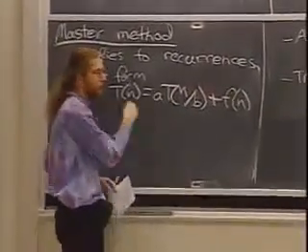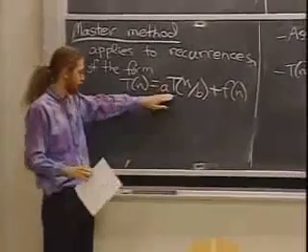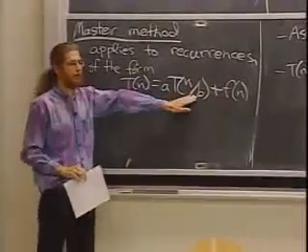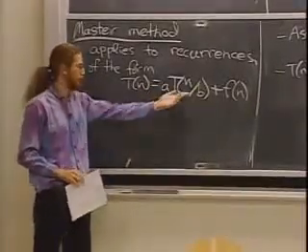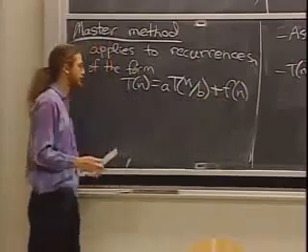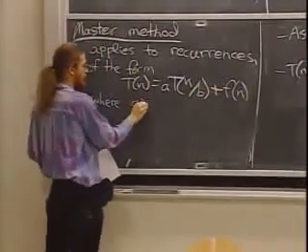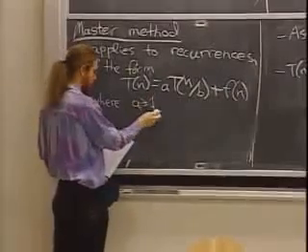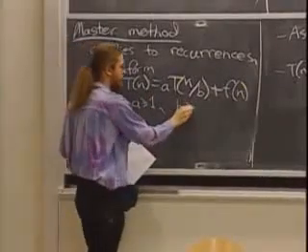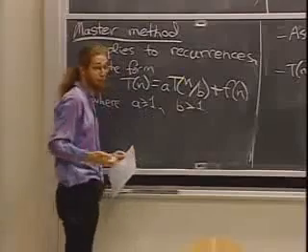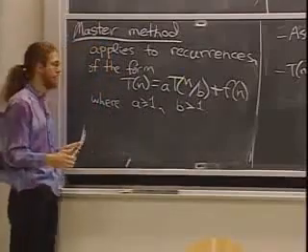There are a subproblems. Think of this as a recursive algorithm. You have a subproblems, each of size n over b, so the total cost will be this. Then you're doing f of n non-recursive work. Few constraints. A should be at least 1, so you have at least 1 recursion. B should be strictly greater than 1. You better make the problem smaller or else it's going to be infinity.